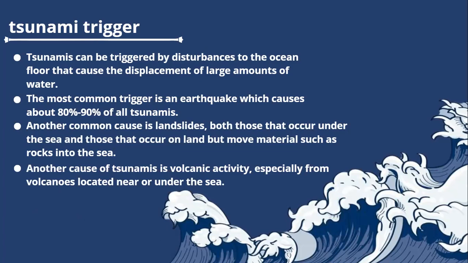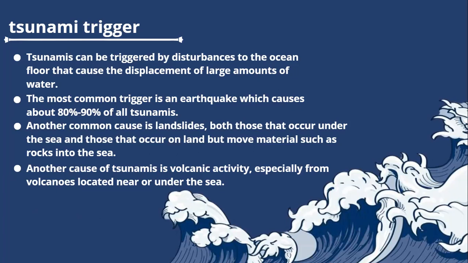The second is the most common trigger, earthquakes, which cause about 80 percent of all tsunamis. The earthquakes that are most likely to cause tsunamis are those that occur in shallow subduction zones, or areas where two plates meet and one of them sinks.